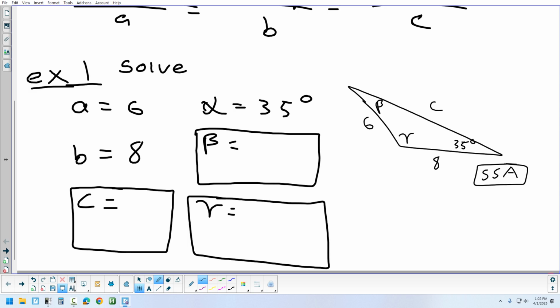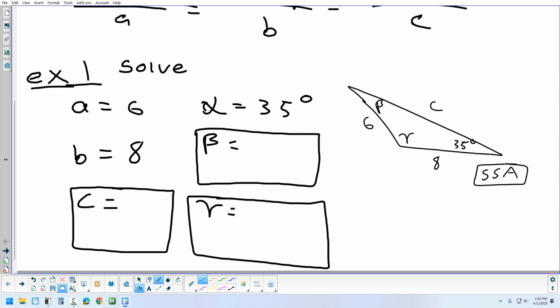Okay? 1 solution is kind of the middle case. You don't have to do as much work as a 2 solution, but it's not as fast as a no solution. A no solution is very fast. All right. Because it's side side angle, you're forced to figure out something first. What's the first thing we have to try to find? The other angle, beta.